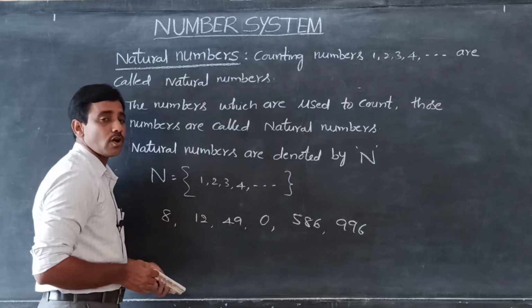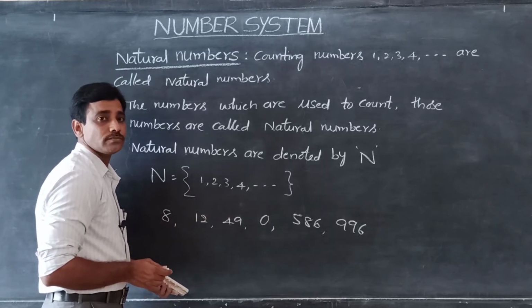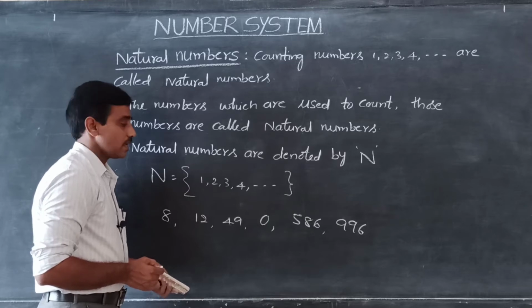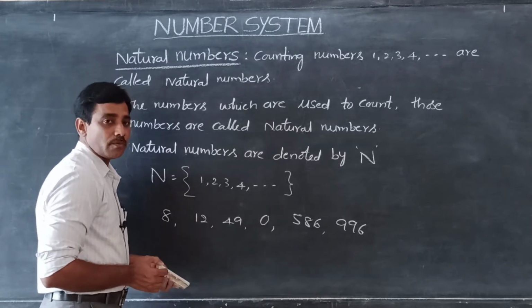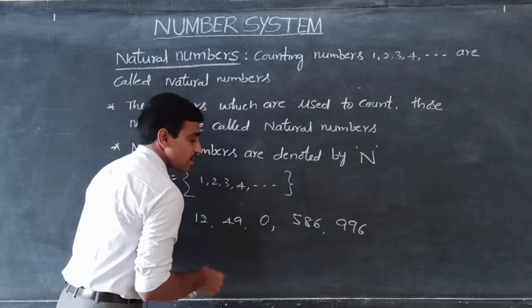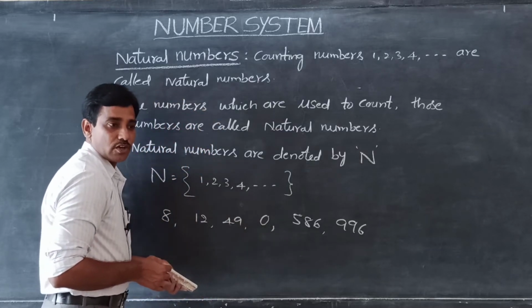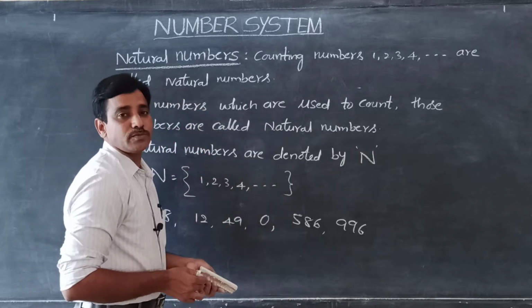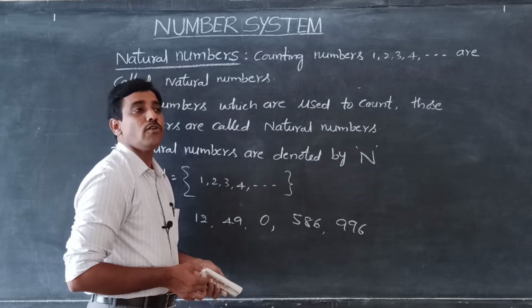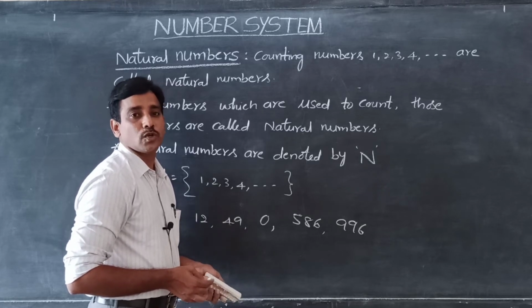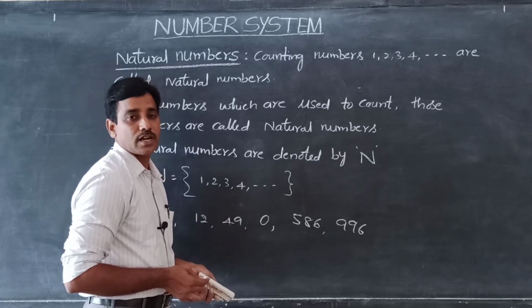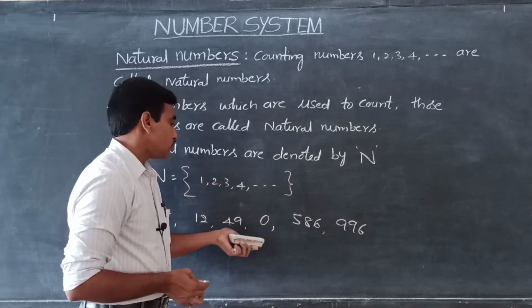But what about 0? 0 is not a natural number. When we count objects, the counting starts from 1, 2, 3, 4 and so on, not 0.